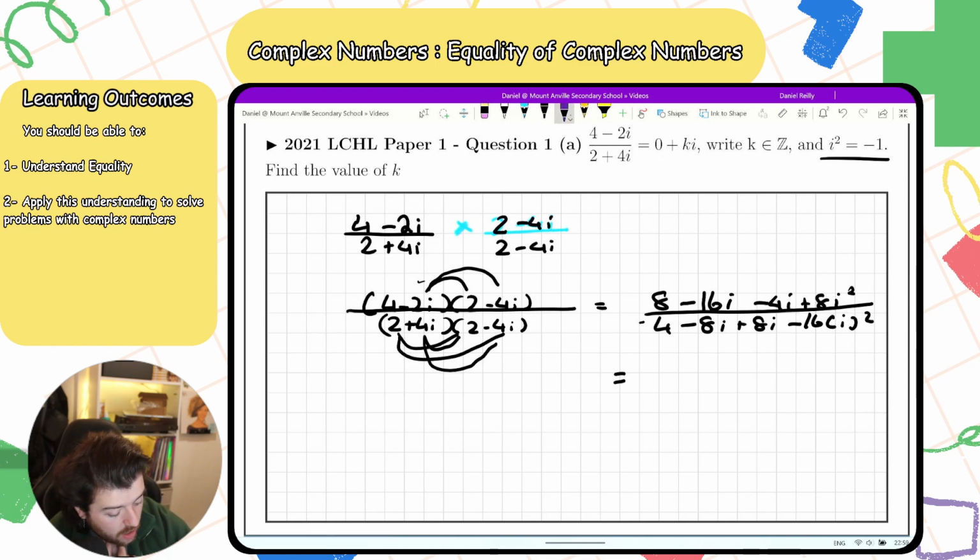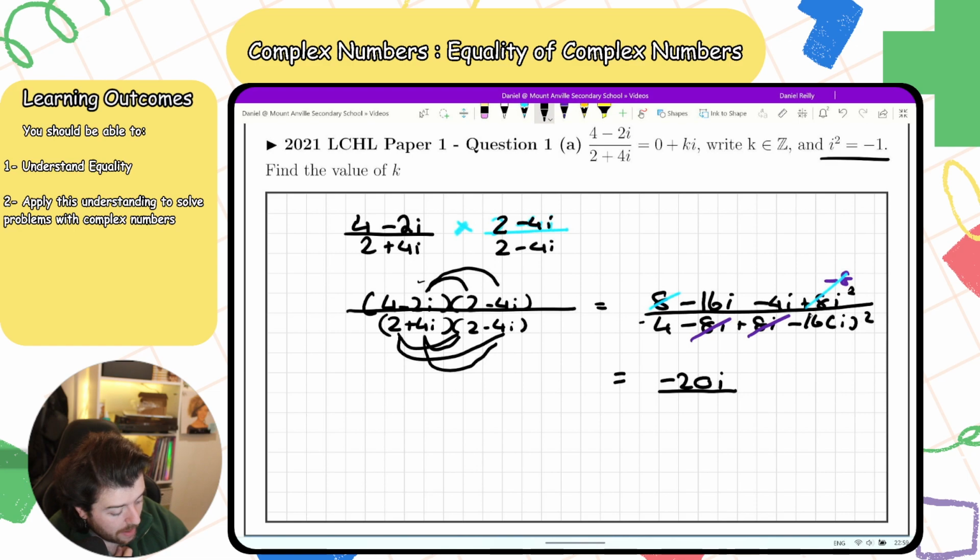So remember, i squared goes to minus 1. So this whole thing becomes minus 8. So 8 minus 8, well, that's 0. So they're going to cancel out. Then minus 16i minus 4i is minus 20i. All over, the minus 8i plus 8i are going to cancel out. So I'm left with 4 minus 16 times minus 1.